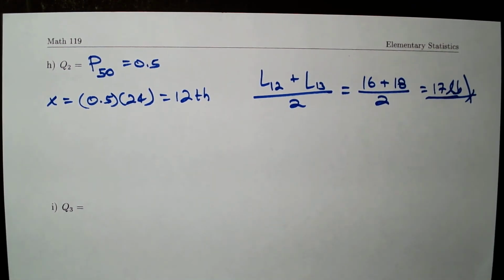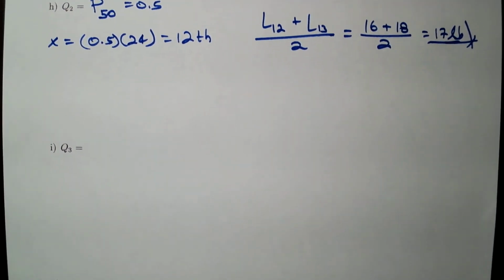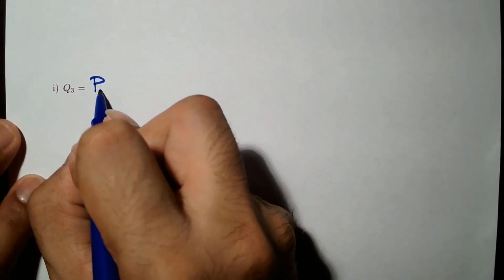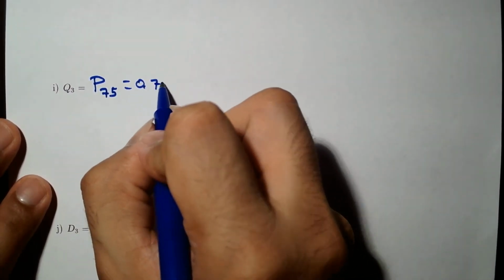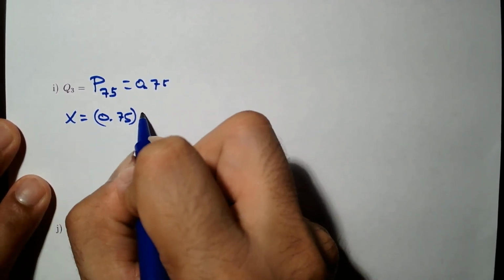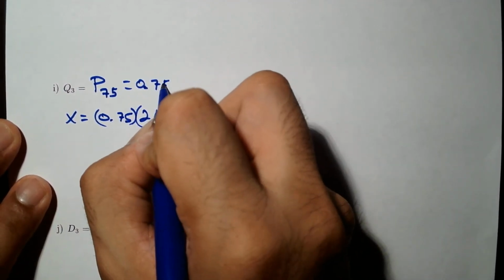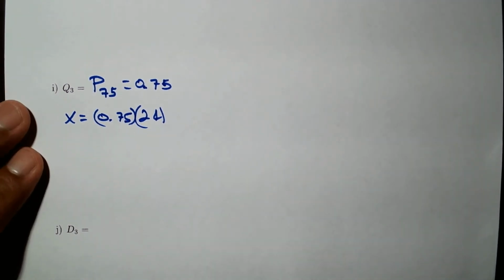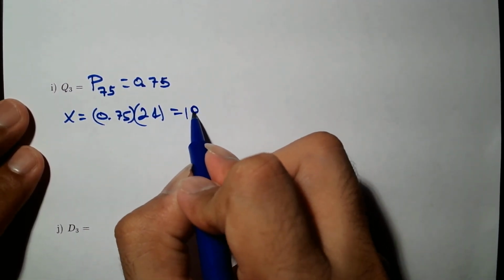Okay. Q3, that's the third quartile, or the 75th percentile, which means 0.75. X equals 0.75 times 24, and the answer to this is 18, another integer.